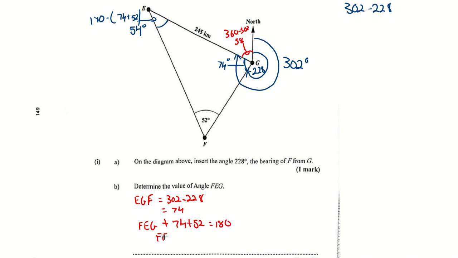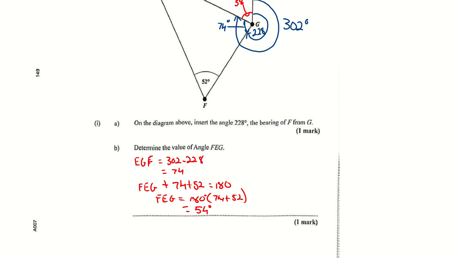So FEG is 180 subtract 74 plus 52, which we calculated already, which equals 54 degrees. And that is how you do this question. That is 1 mark for understanding everything that they gave you here.